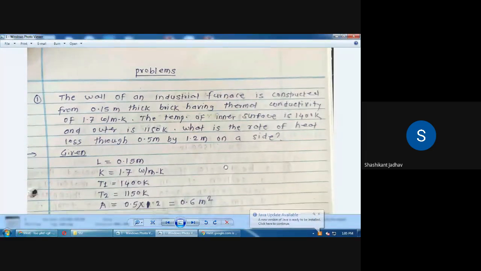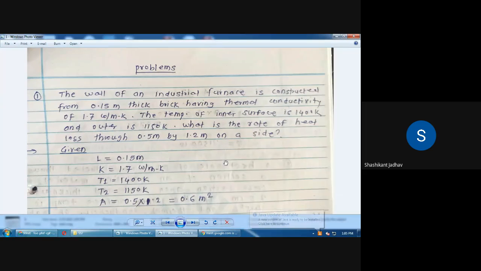Write down T1, the temperature at the inside, is equal to 1400 Kelvin, and T2 is equal to 1150 Kelvin. Then what is the rate of heat loss? We have to find out Q, so write down Q is equal to question mark.